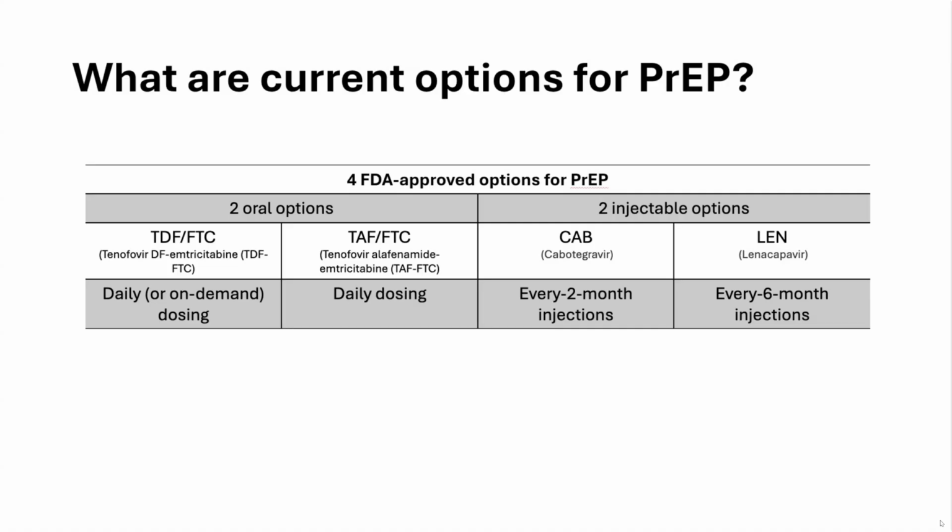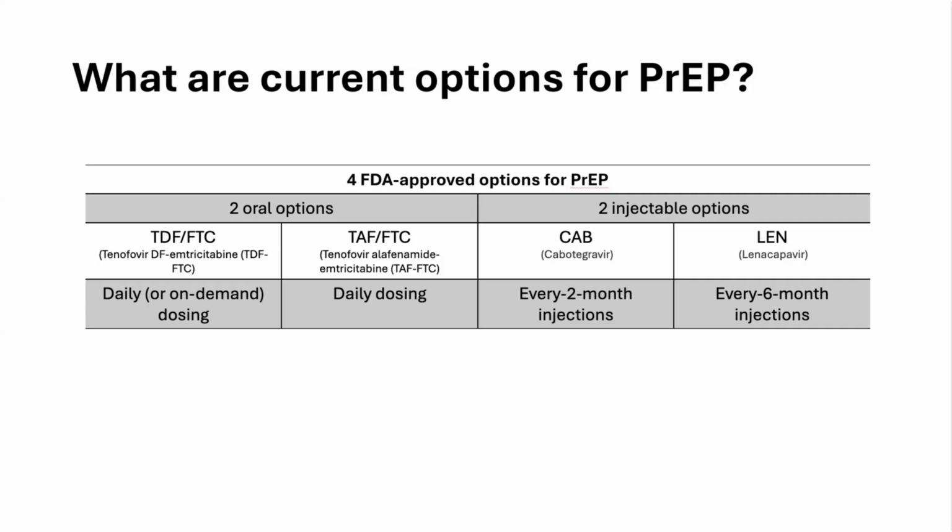TAF-FTC is a tablet taken once a day. The cabotegravir injection is given once a month for 2 doses, and then every 2 months thereafter. And lenacapavir is given every 6 months. One of the nice things about these long-acting injectable therapies is that there is a kind of window period around when the doses are due.